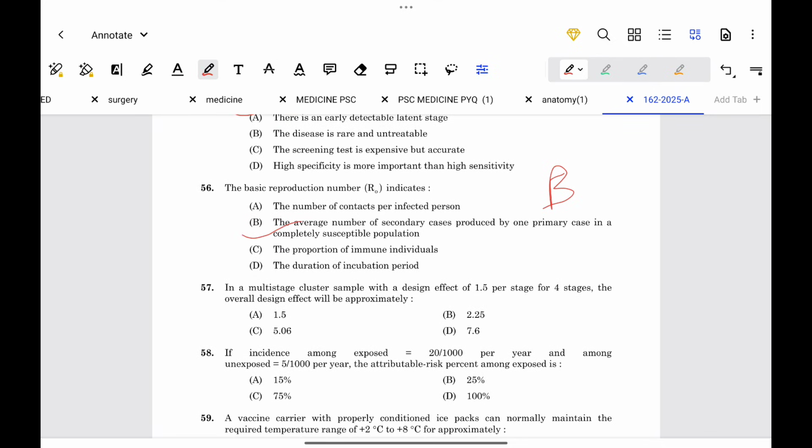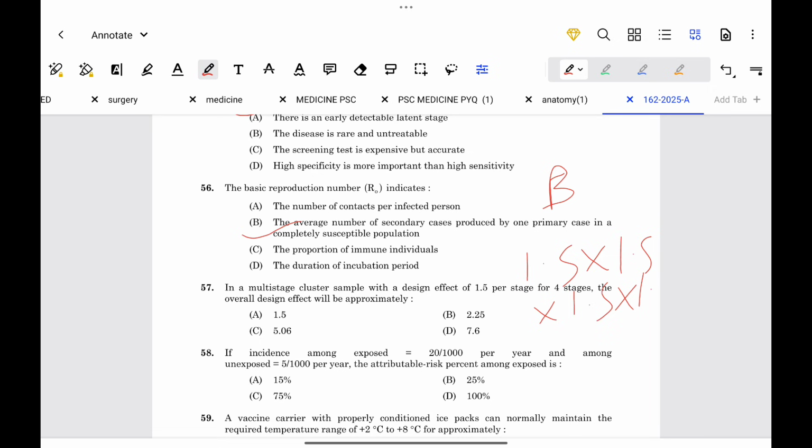In a multi-cluster sample with a design factor of 1.5 per stage for four stages, the overall design effect will be approximately 1.5 into 1.5 into 1.5 into 1.5.